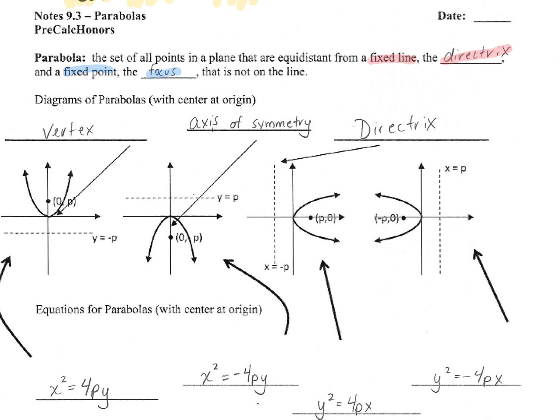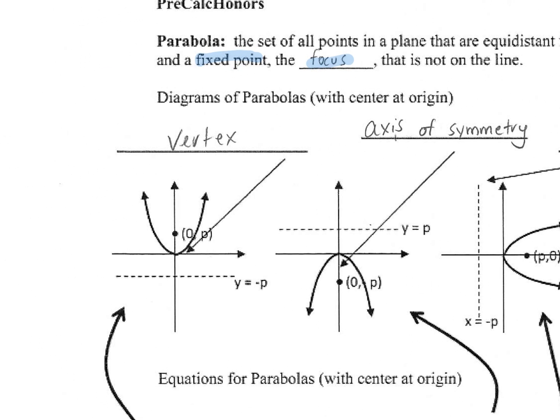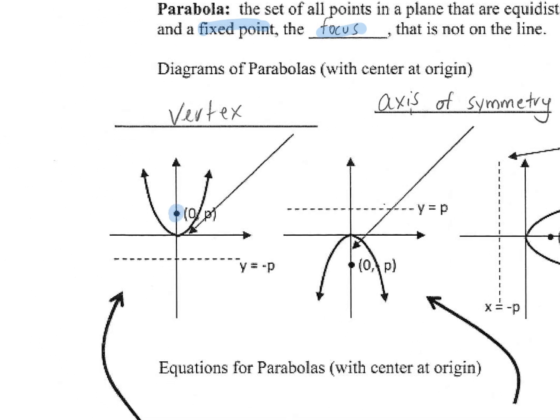In other words, we are trying to find all the points that are the same distance away from a point known as the focus and a horizontal or vertical line. So all those points that are the same distance away from the blue highlighted point and the blue highlighted dotted line are represented by our parabola, which you can see here.